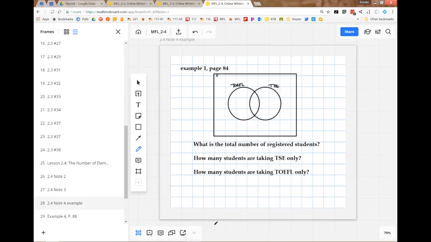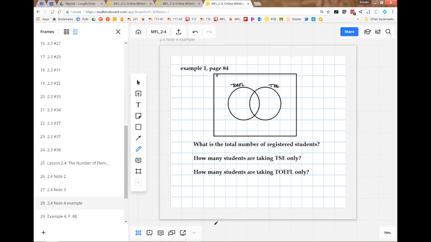Example 1, TOEFL and TSE. Those are two different tests of foreign language skills. When someone comes to America to go to school, they need to take the TOEFL or TSE to find out how good they are at English. In a particular school, 800 students are registered for TOEFL, 500 are registered for TSE, and 200 are registered for both.